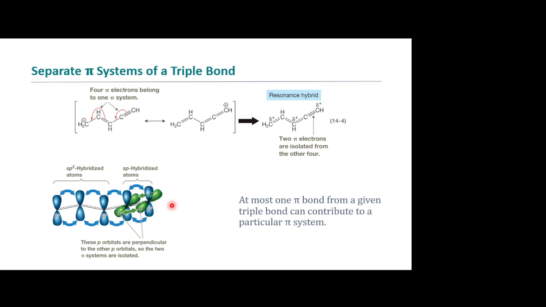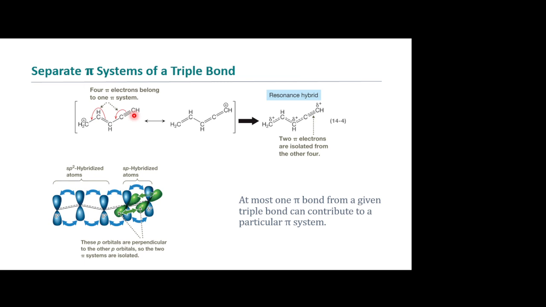And so, of course, triple bonds can overlap with other pi bonding systems. In fact, if there is a pi bonding system next to it, it for sure will overlap with it, because it has both directions that it can do, right? Lots of options.